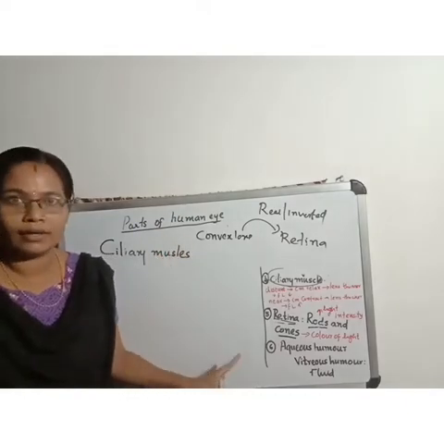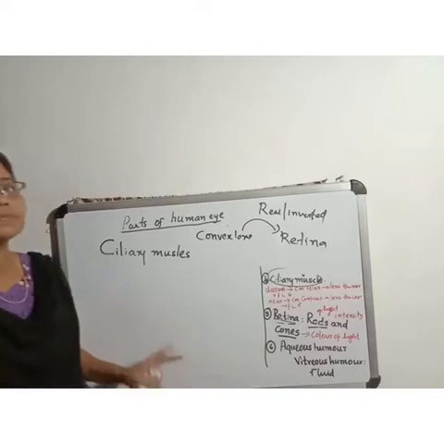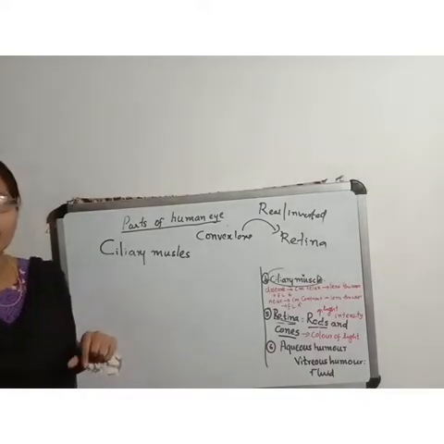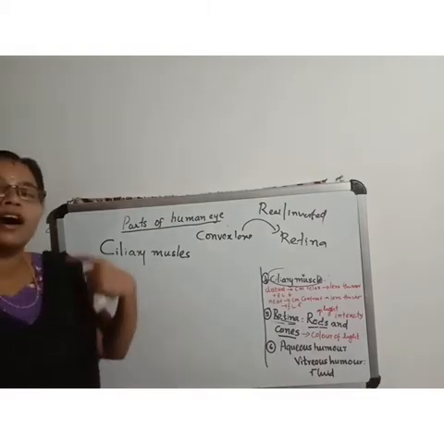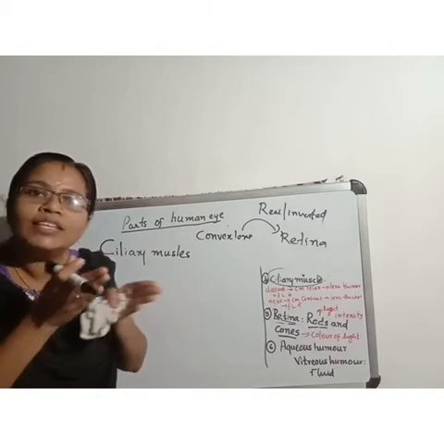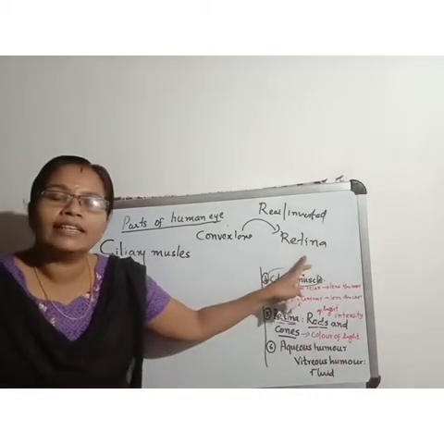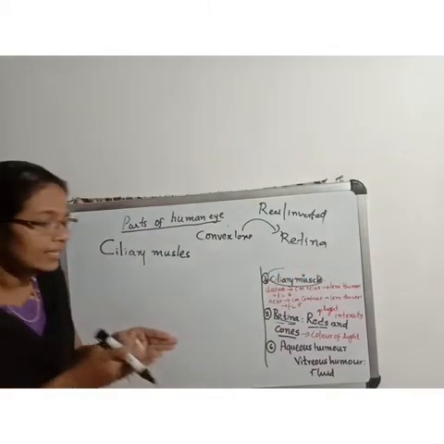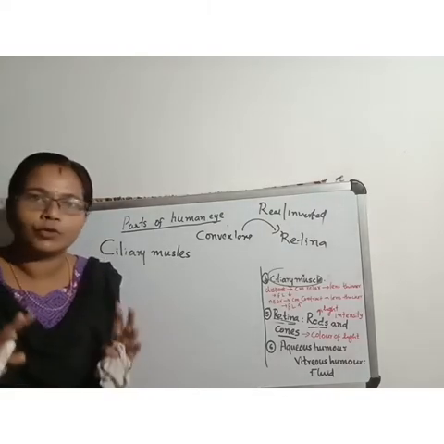That is correct, but it is happening because of the function of the ciliary muscles. Whenever you are looking at a far away object, we need to decrease the focal length of the lens. Then only we will get the image on the retina. Likewise, if you are looking at a nearby object, we need to increase the focal length of that lens.